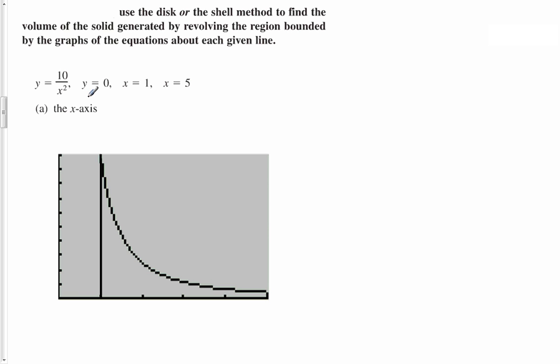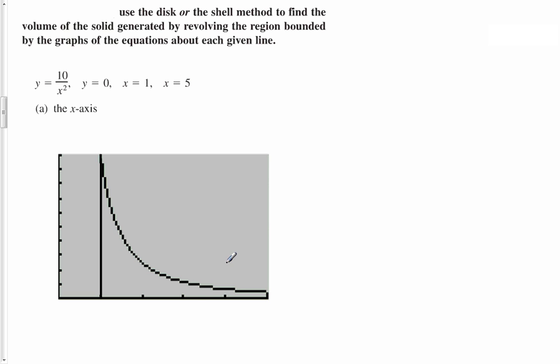I also have y equals 0, which is the x-axis. No need to draw that, it's already drawn there. I have x equals 1, which is this vertical line here. You can't really draw that vertical line in the TI-83 calculator because it's not a function, but I just added that line in, drawing it in.